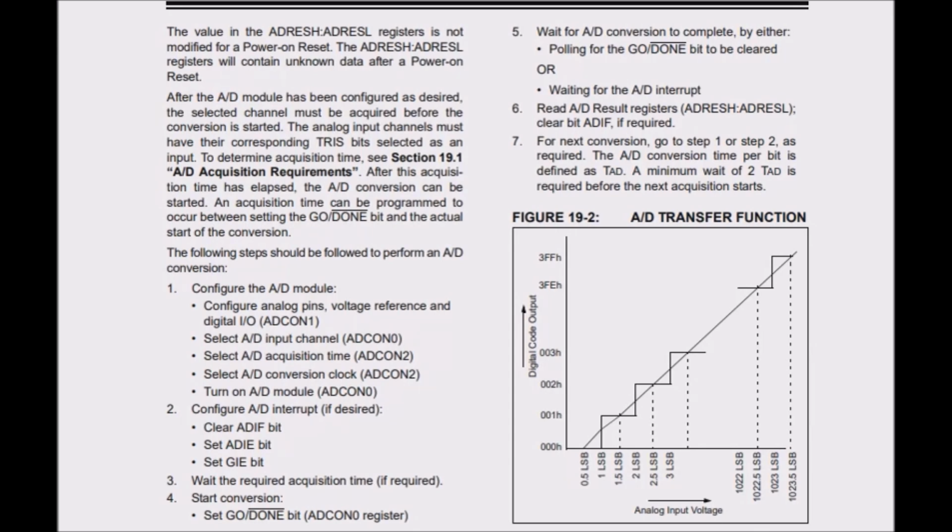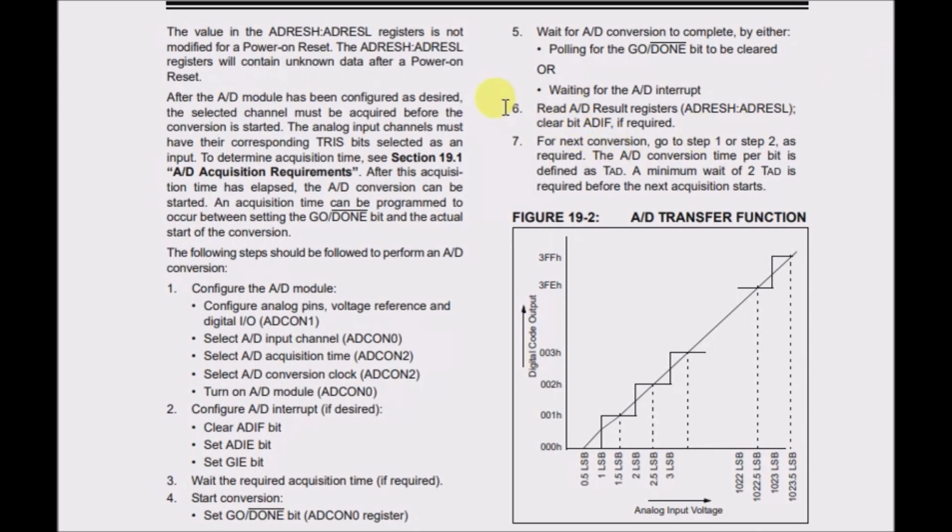Number 3. Wait the required acquisition time if required. Number 4. Start conversion. Set GO/DONE bit, ADCON0 register. Number 5. Wait for AD conversion to complete by either polling for the GO/DONE bit to be cleared or waiting for the AD interrupt.